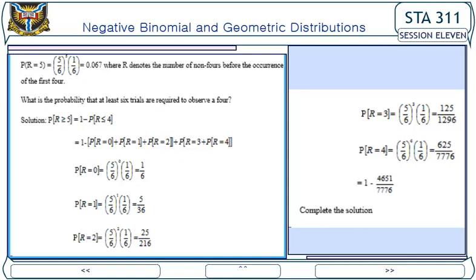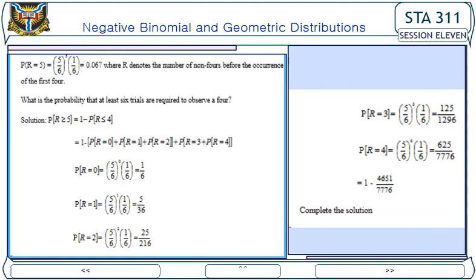What is the probability that at least 6 trials are required to observe a 4? Solution. P of R greater than or equal to 5 is equal to 1 minus P of R less than or equal to 4. P of R equal to 0 is 1 over 6. P of R equal to 1 is 5 over 36.